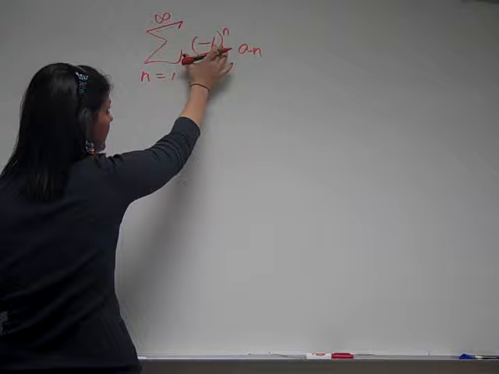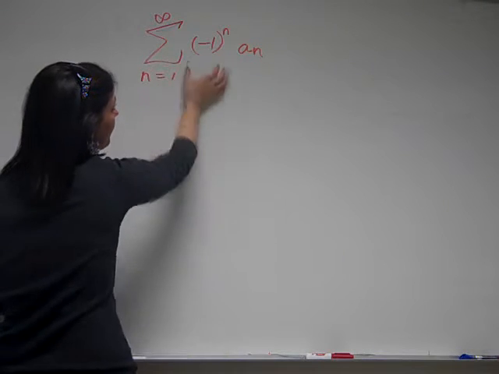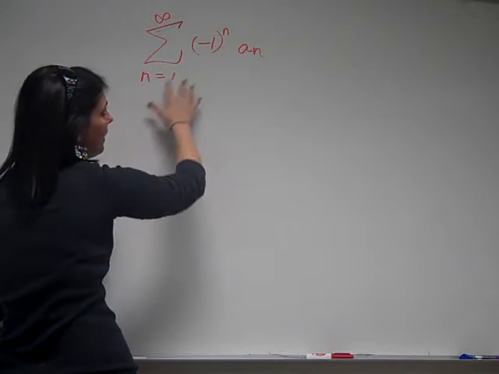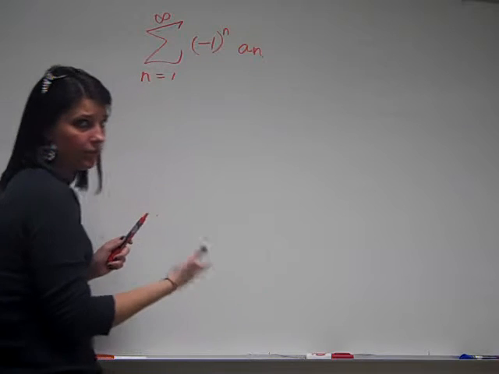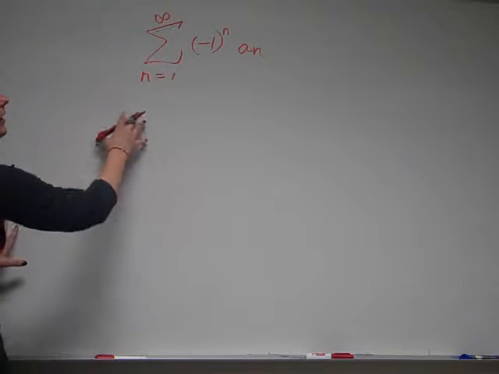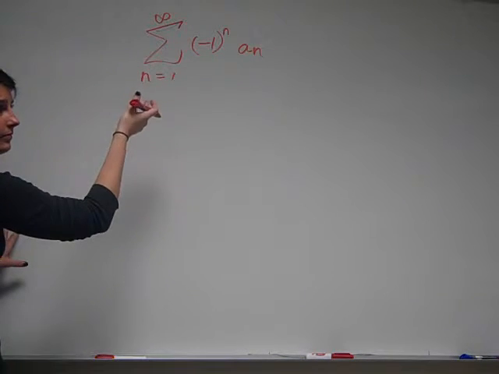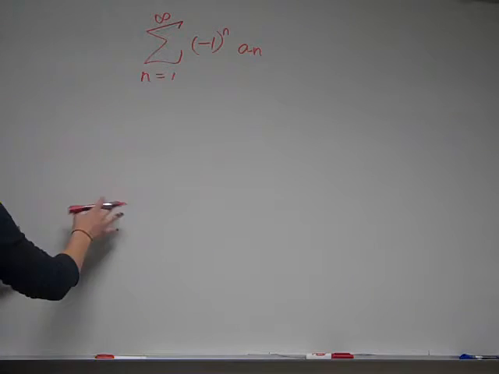Our negative comes in from writing it like this, where it's going to alternate. So when I plug in 1, negative 1 to the first power is going to be negative 1. Negative 1 squared is a positive 1, so it's going to bounce back and forth.